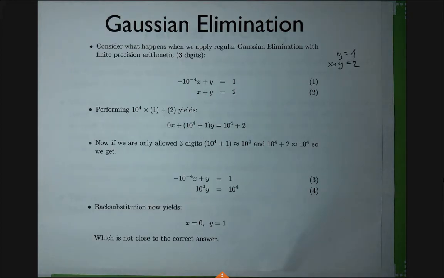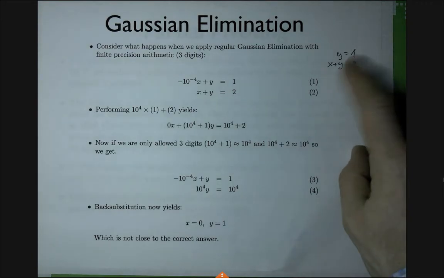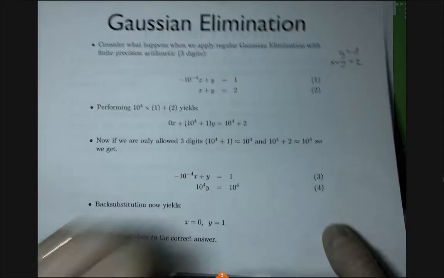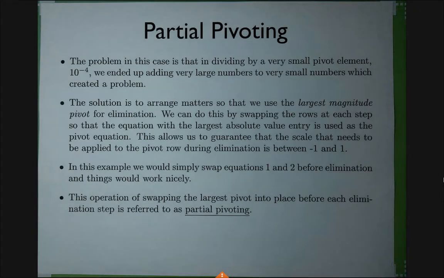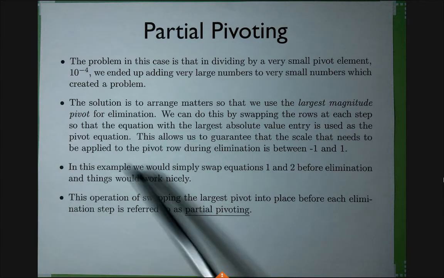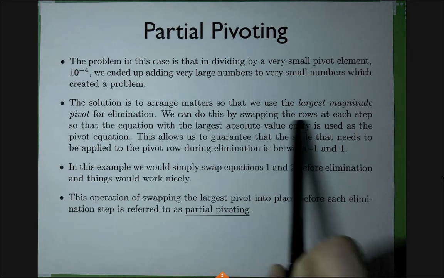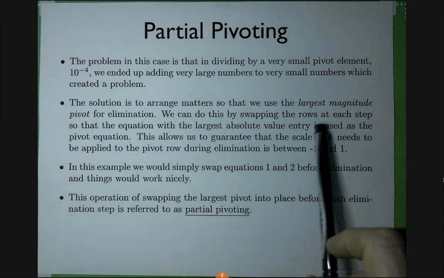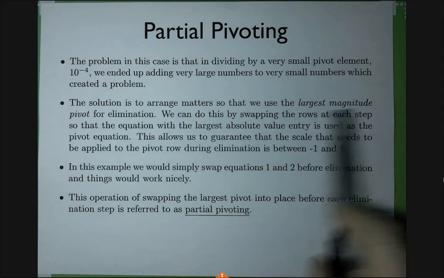So do the row operation. That's the key idea. Flip the rows. That solves this problem, and it turns out that this solves the numerical problem as well, at least this type of numerical problem. So in general, when we have more than 2 equations, we can pick the equation which has the largest magnitude pivot.